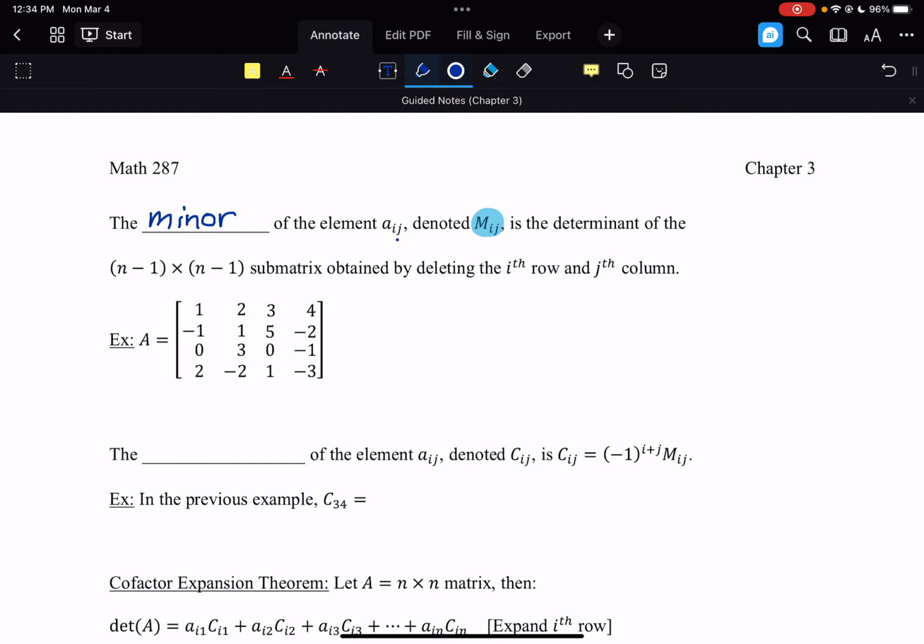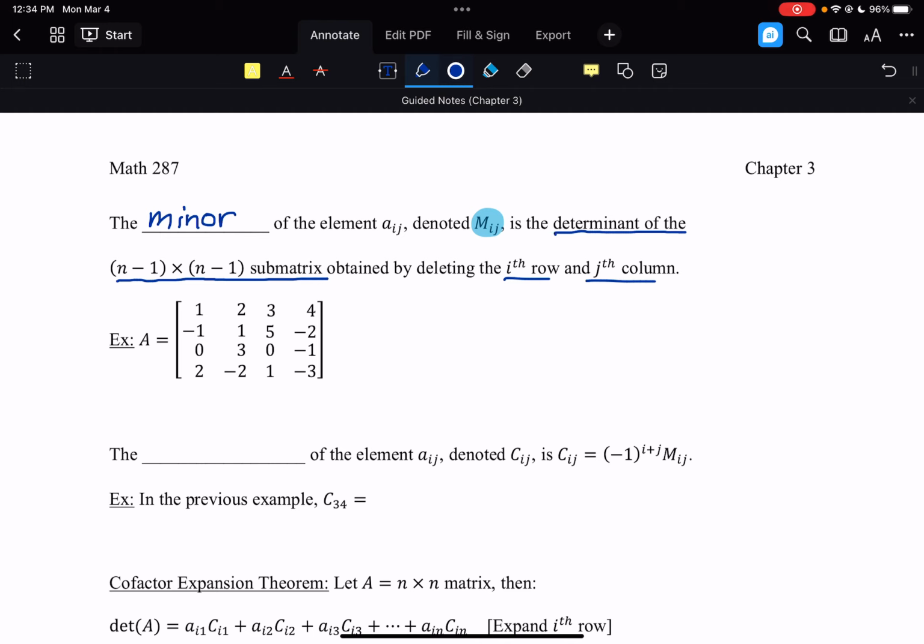The minor of that element is the determinant of the n-1 by n-1 submatrix obtained by deleting the ith row and jth column. So this process does mimic very similarly that cross product idea. In fact, we're going to find as we go through this process that the cross product methodology is just a special case of this property that we're talking about.